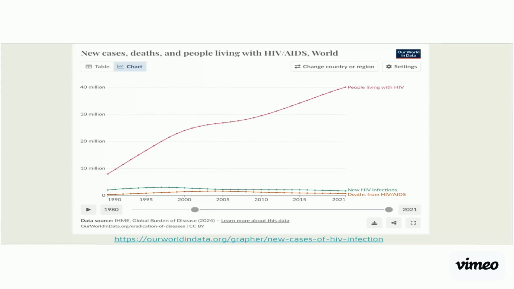And I thought that further showed how drugs like PrEP work. Even though you're seeing the people living with HIV going up, I think that's probably because we have these drugs now where if you get HIV, AIDS, you're not going to die, so you're going to see the numbers go up because these people are living longer.